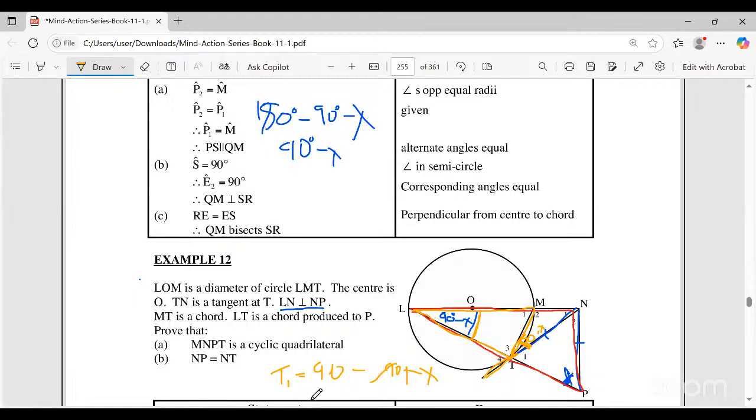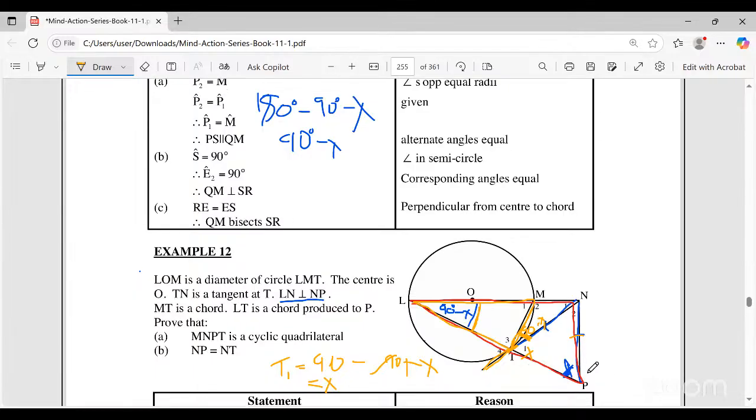This will cancel out, and I will be left with T1 as x. Therefore, we have x here and x here. Then we can come to the conclusion that this side is equal to that side, by the converse of the base angles of an isosceles triangle. Does it now make sense to you guys? Yes, sir. Are you sure? Yes, sir. Thank you guys for the feedback.